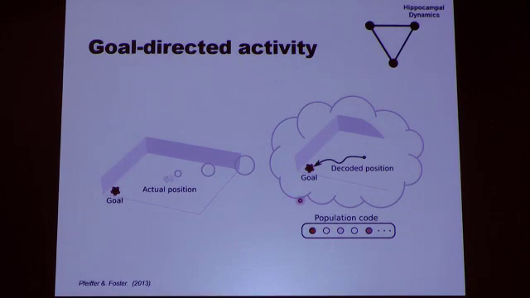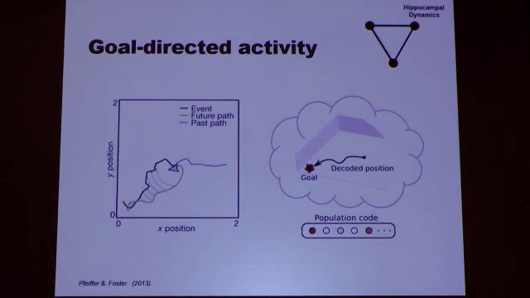And what they found was that during these bursts of activity before the animal started moving, the population code tended to represent a trajectory through this environment that approximated a path towards this goal position, and also did so in a way that was predictive of the animal's future path through the environment. So this raises the question of whether the hippocampus might not only be involved in a passive spatial representation function, but also a more active path planning process.